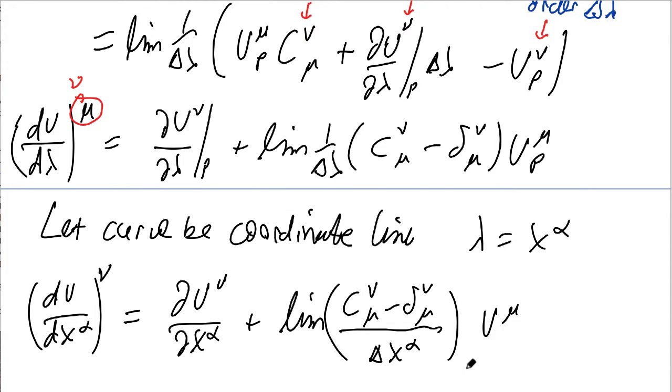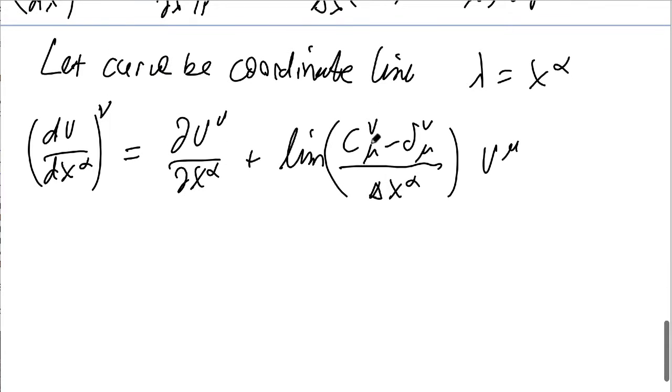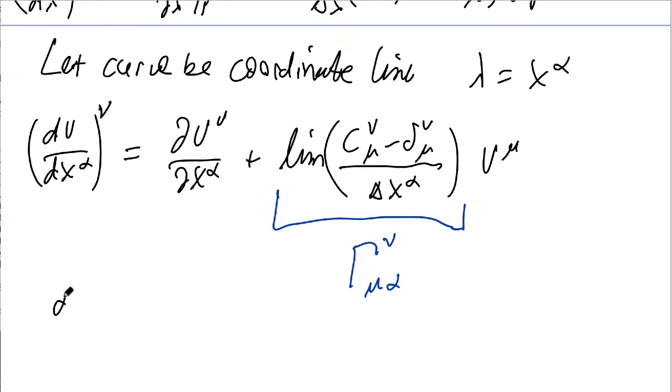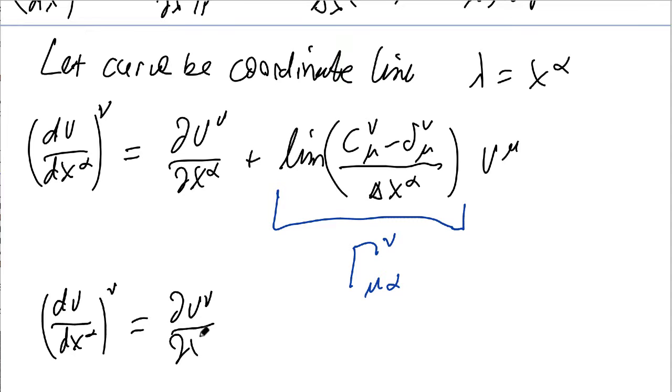Now this combination, which involves the C's, tells us how the basis vectors change when we move from point to point. This combination is given a symbol, capital gamma, and it has three indices, nu, mu, and alpha. All right, so we can write our result here as dv/dx alpha, nu component, equals partial of v nu with respect to x alpha plus gamma nu mu alpha v mu.